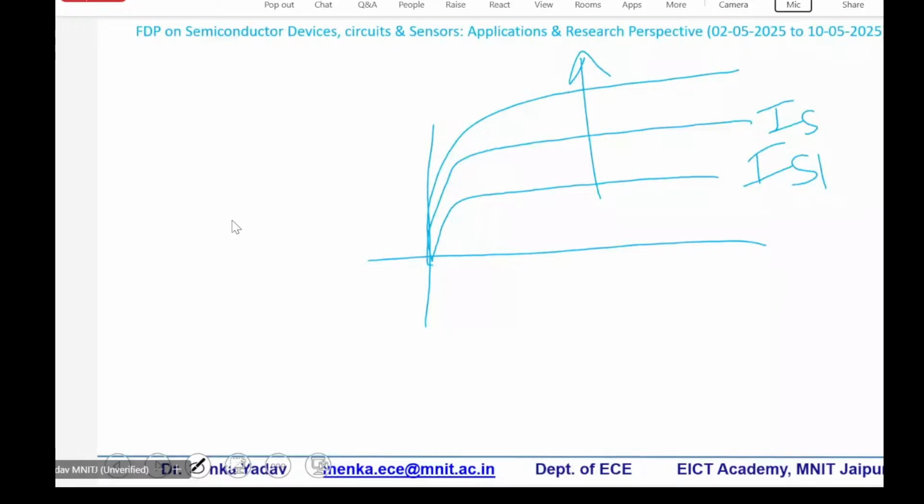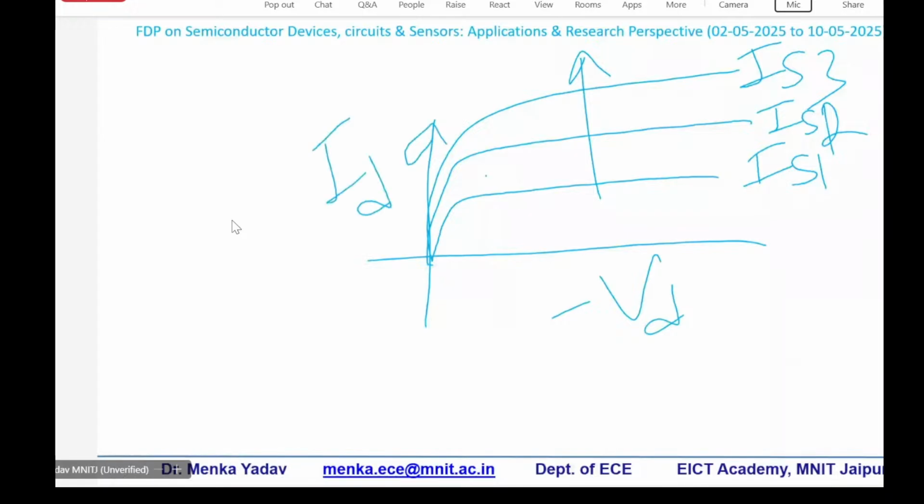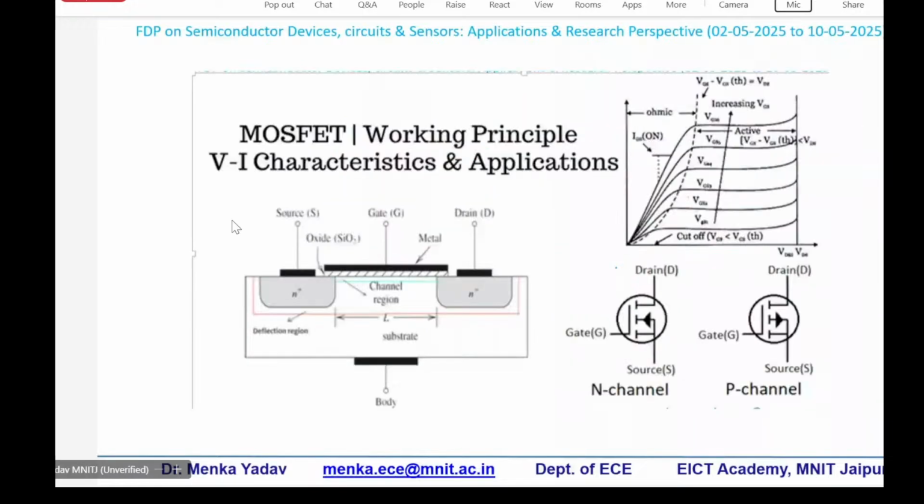So this was your diode reverse bias, and this was your current, of course in the negative direction. These will be the IV characteristics of your photodiode. The phototransistor will also have similar characteristics, because there also the reverse bias is taken at the junction. Now next one is the MOSFET working principle.